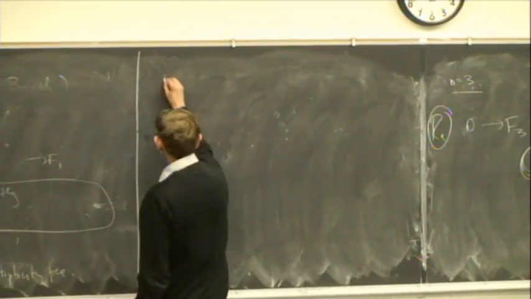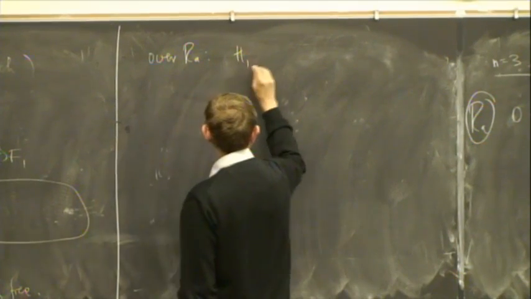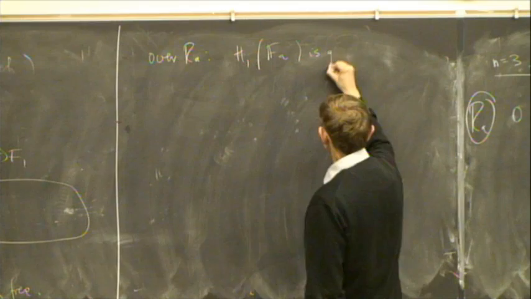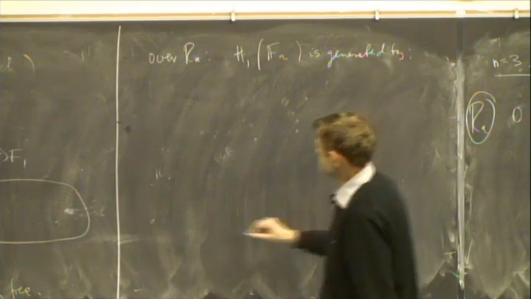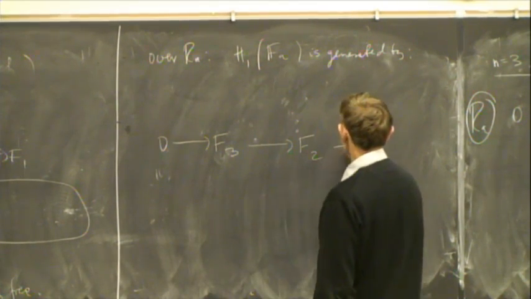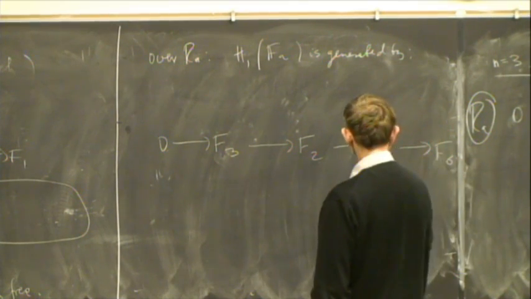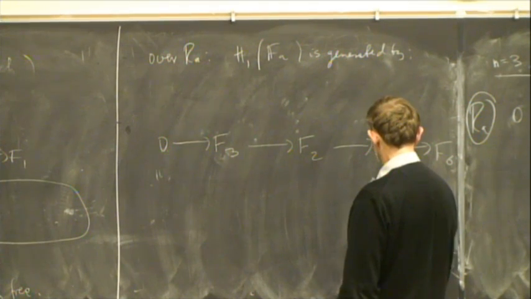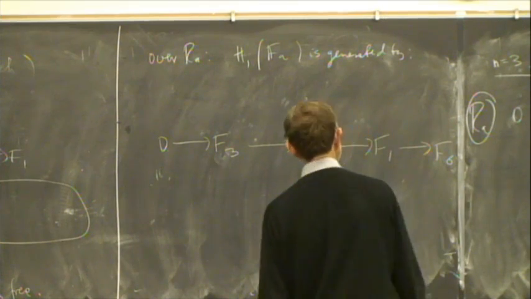So over RA, H1 of this complex, I call it FA, is generated by, well, you have the map from F3, maybe wedge R1 plus 1, F1.